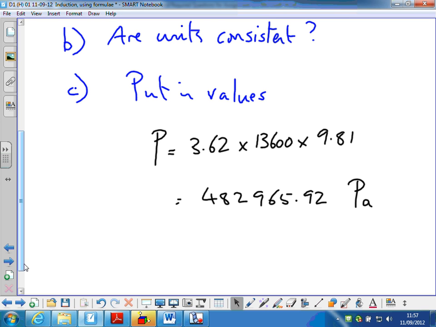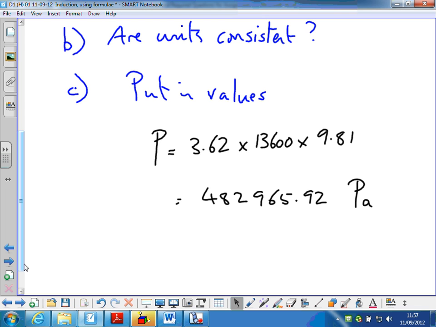Is the answer that accurate? Why did you stop at 0.92? Did you run out of room on the calculator? So if there had been more spaces on the calculator, I could have gone on and on and on with this answer. Where do you stop?